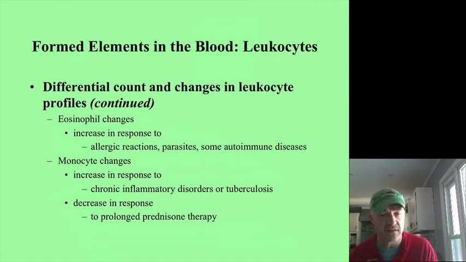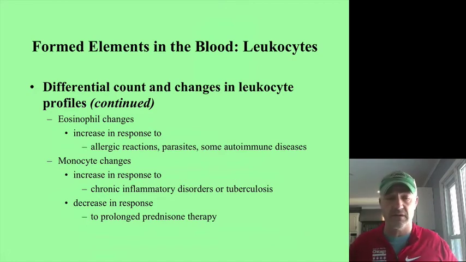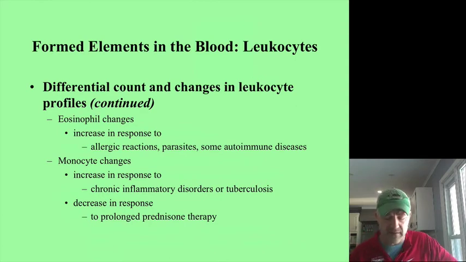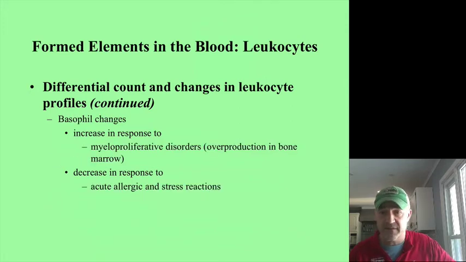For monocyte changes, high increases would be a chronic inflammatory condition, something like tuberculosis. Lower than normal may mean you're being treated with some type of steroid to tone down your immune system. And again, for basophils, generally it is some type of overproduction in the bone marrow, some type of disorder.